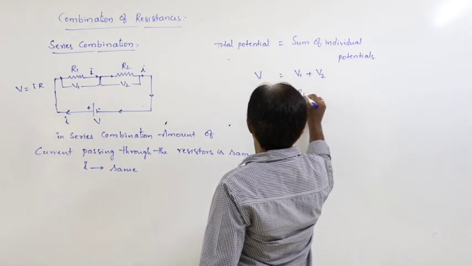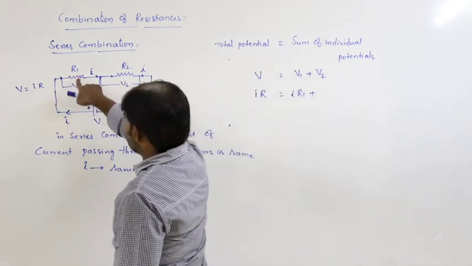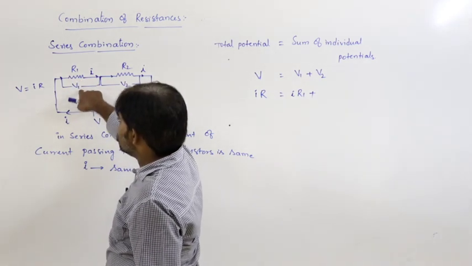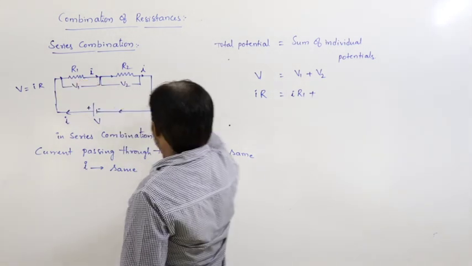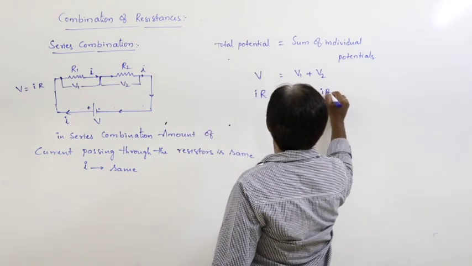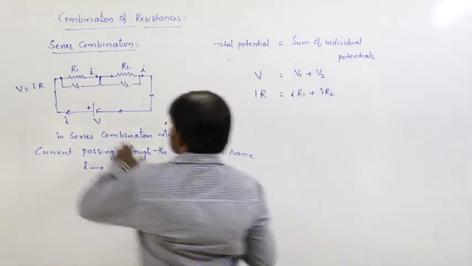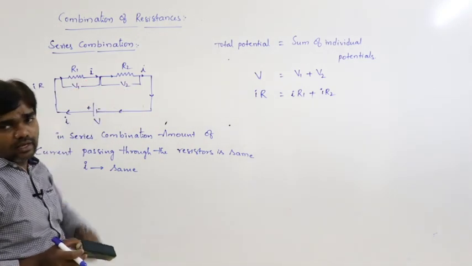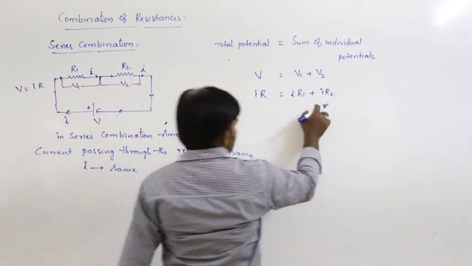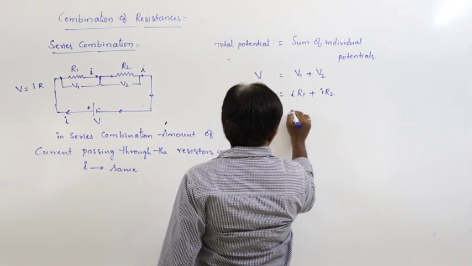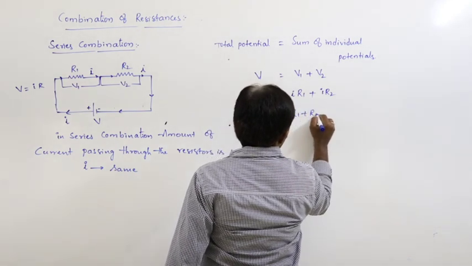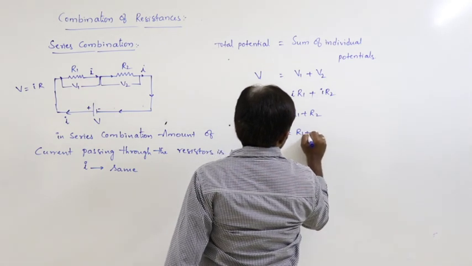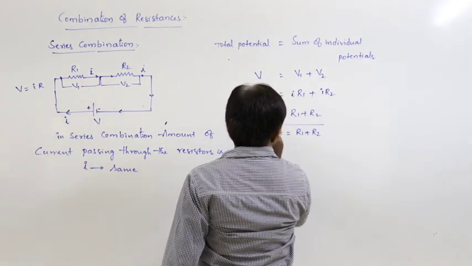Across resistance R1, the potential is V1. That's why V1 can be written as IR1 and V2 can be written as IR2. So current is the same. Therefore, R equals R1 plus R2. Therefore, the effective resistance in series combination is R1 plus R2.